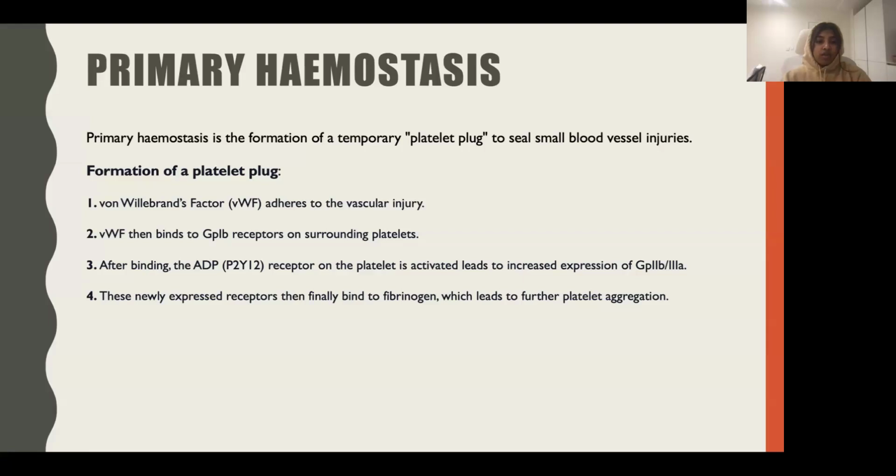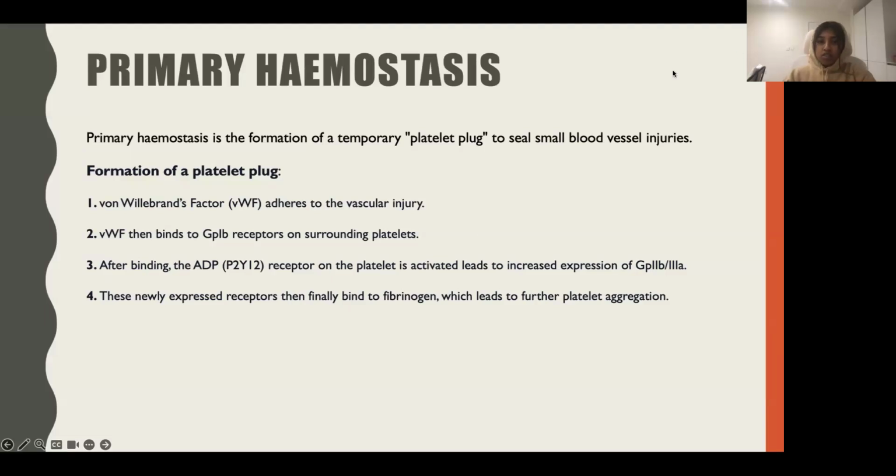Then that factor binds to GP1B receptors on the surrounding platelets. After binding, the ADP receptor on the platelet is activated, and that leads to increased expression of GP2B and 3A. Those newly expressed receptors then finally bind to fibrinogen, which leads to further platelet aggregation.